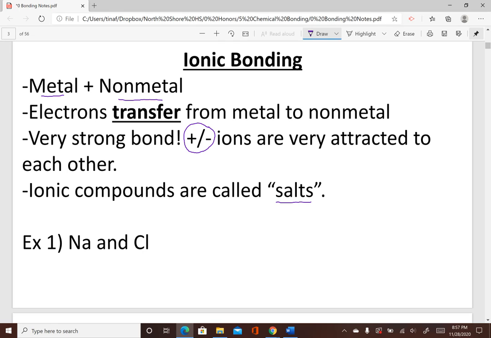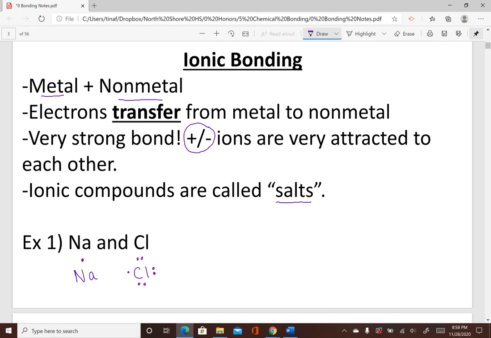Okay, so let's look at how to draw Lewis dot diagrams for an ionic compound. The first thing we're going to do is take my metal and my nonmetal, and draw their Lewis dot diagrams for when they're alone. So sodium has 1 valence electron, and chlorine has 7. 1, 2, 3, 4, 5, 6, 7.